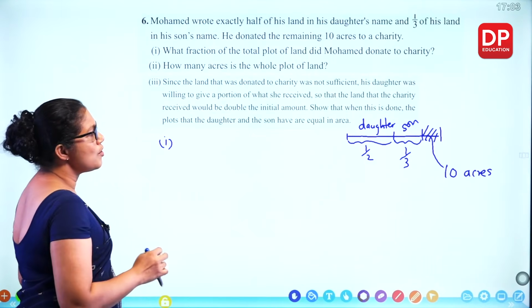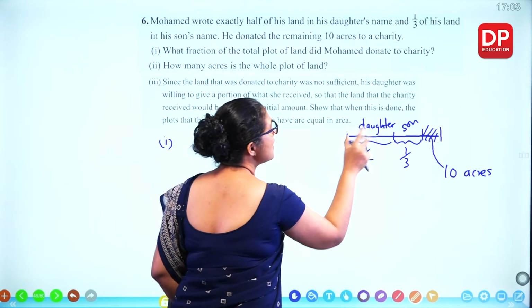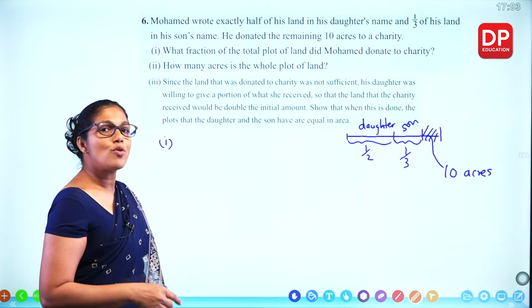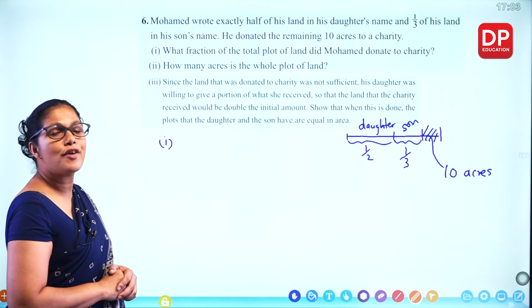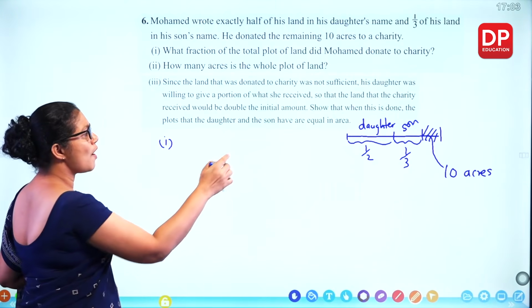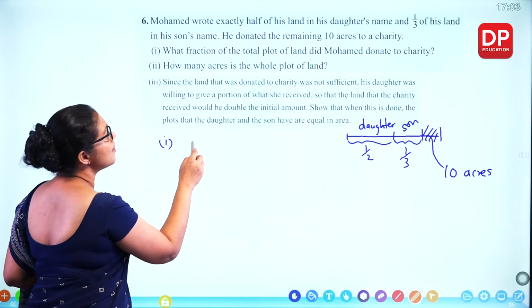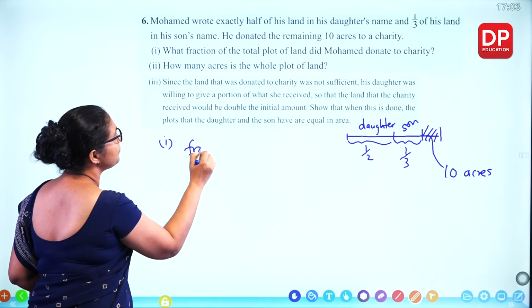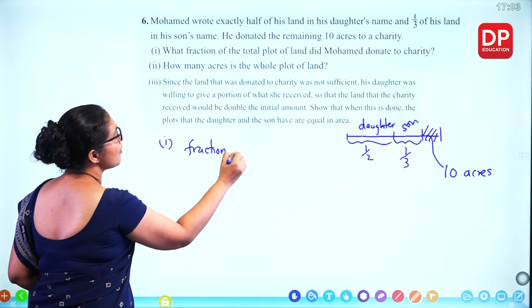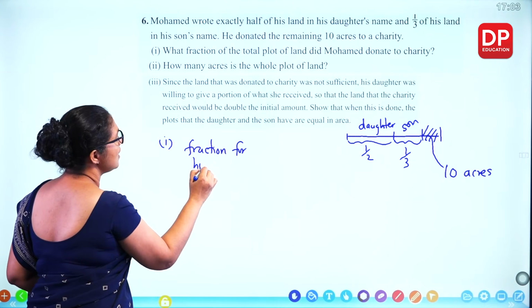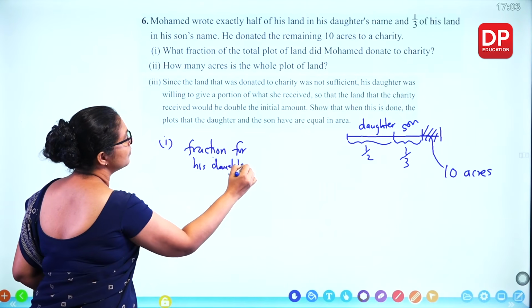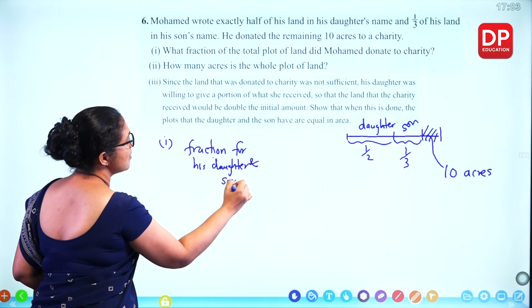So first thing you need to find out the total number of parts for his daughter and son, and then out of the full portion you have to subtract that amount. So we'll first find what's the amount for daughter and son. Fraction for his daughter and son. So what's the fraction?